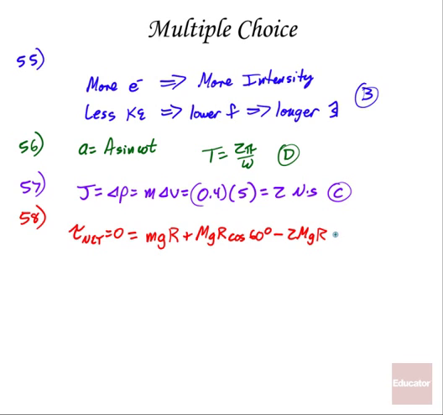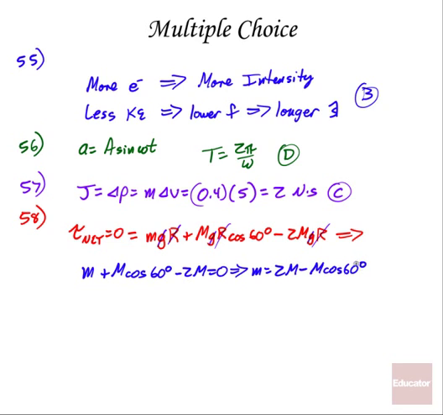So really what we're doing here is we're solving for little m. This implies then that we can do some cancellations here. We've got g and capital R in all of these. So this implies then that little m plus big M cosine 60 degrees minus 2 capital M equals 0, or little m equals 2 capital M minus capital M cosine 60 degrees.